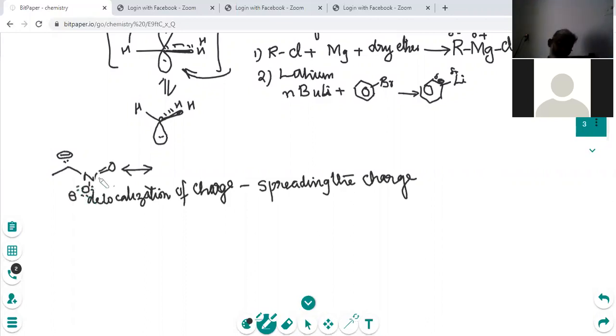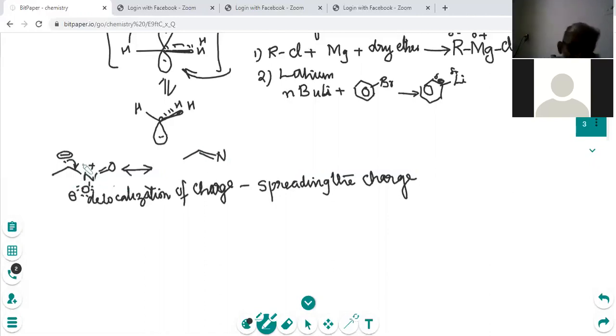Nitrogen has 4 bonds, and therefore it gets a positive charge. Now see how we do it. This attracts here to form a bond. So we got a double bond, and the nitrogen is still there.